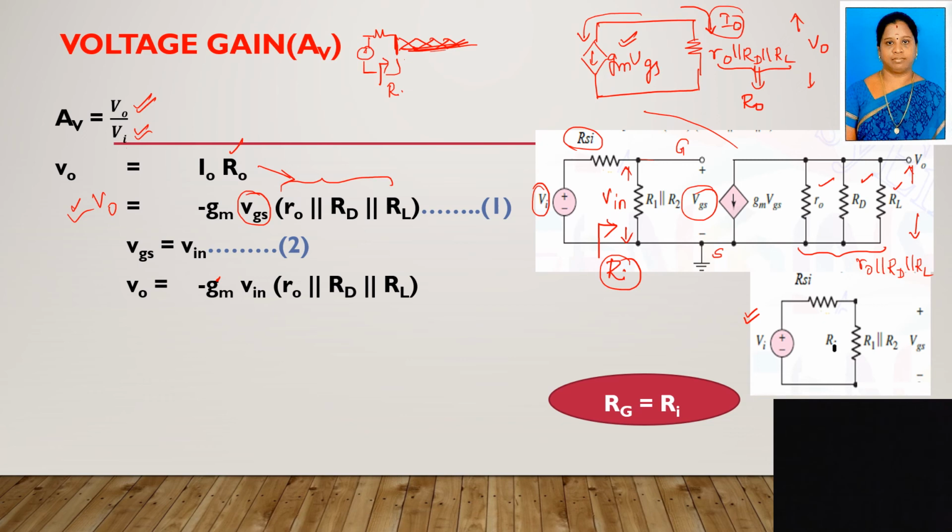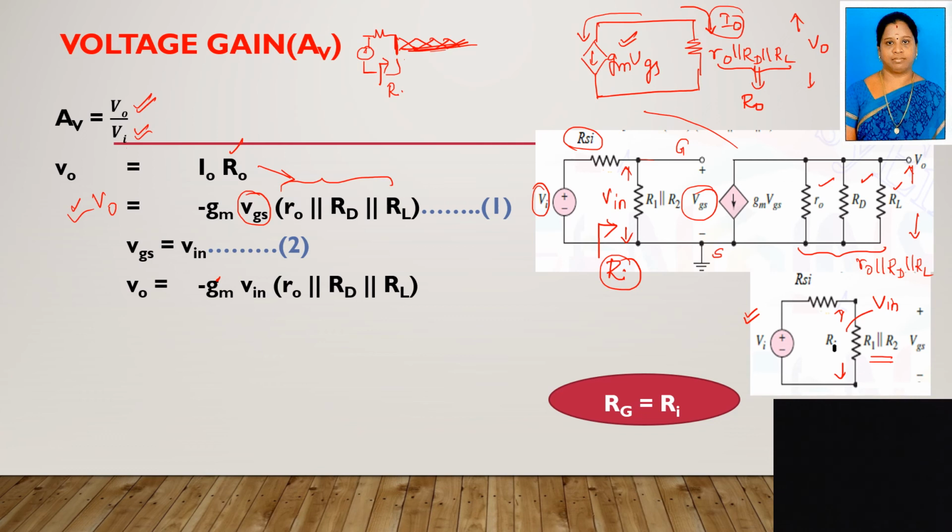So in this, Ri equals what? You know that it is R1 parallel to R2. The voltage across R1 parallel to R2 is nothing but the VGS, or we can call it the voltage across here, Vin. Both are the same, right? Now tell me what the voltage Vin is.